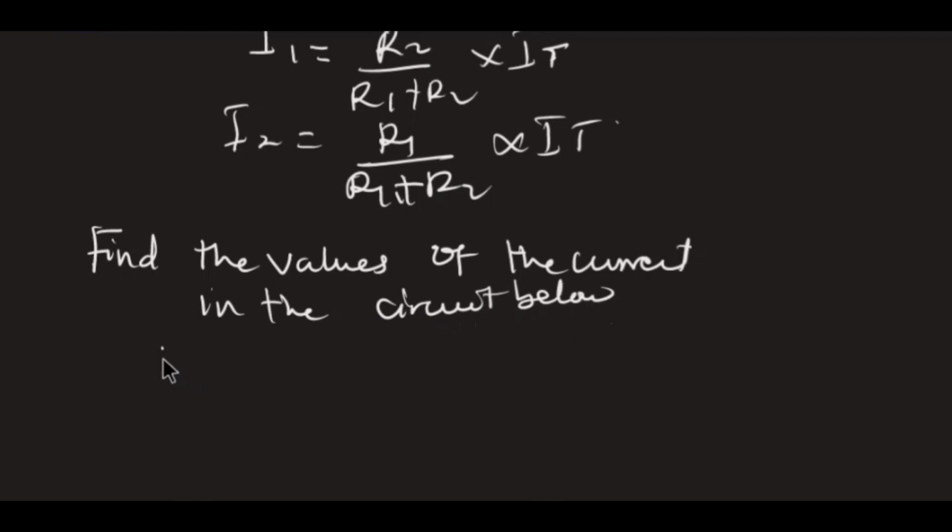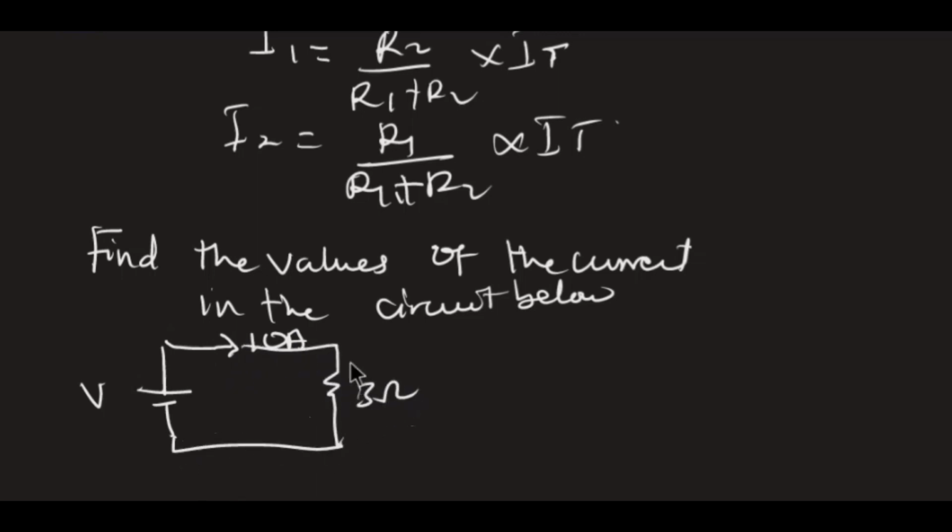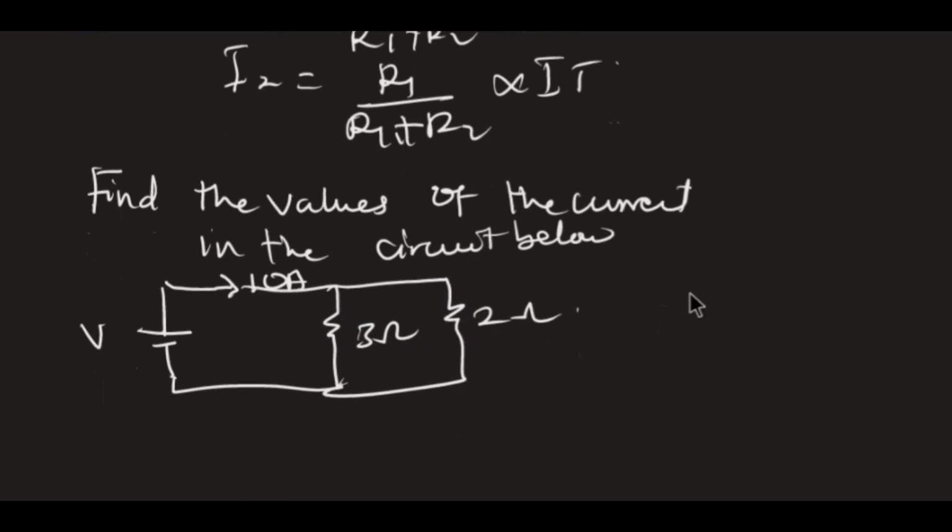So I'm going to have my total voltage going into 10 amperes to a 3 ohm resistor, then to a 2 ohm resistor. So this is my I1, this is my I2. I have a 10 ampere current coming into these two parallel connections. I am to determine I1 and I2.